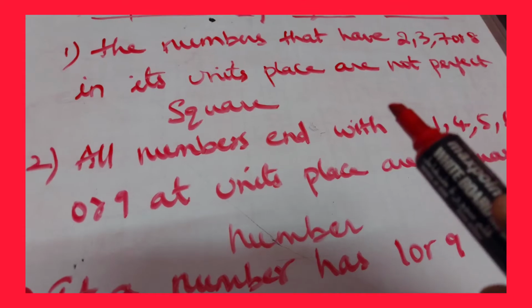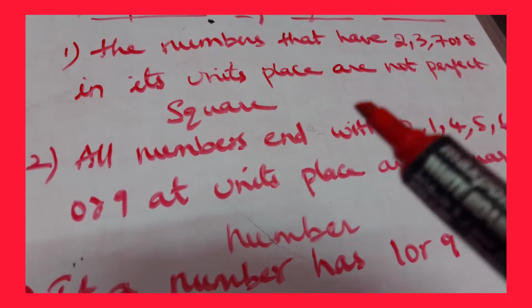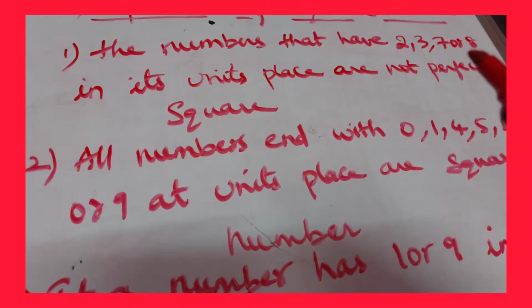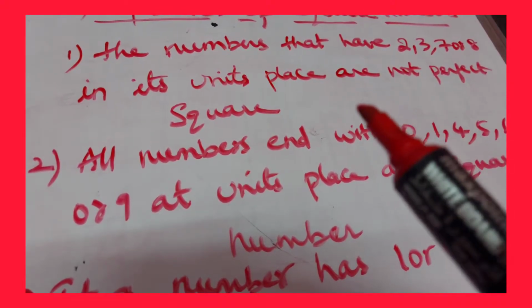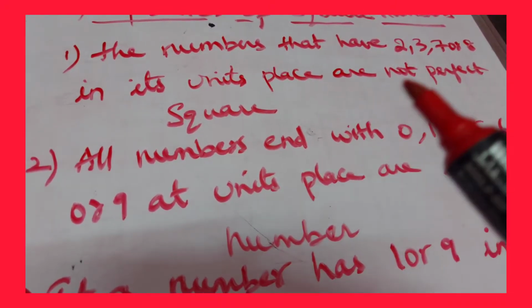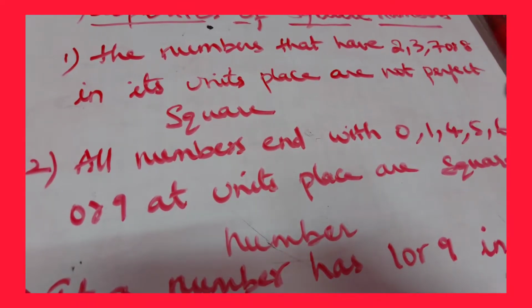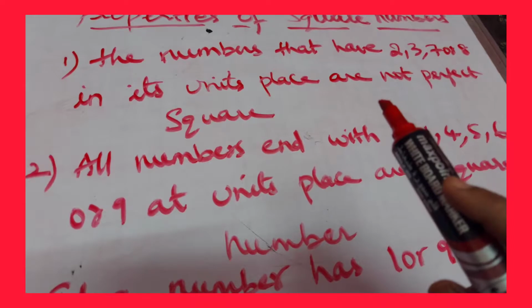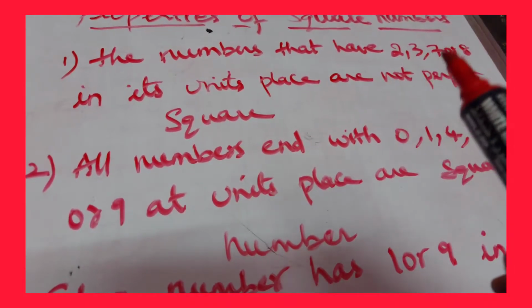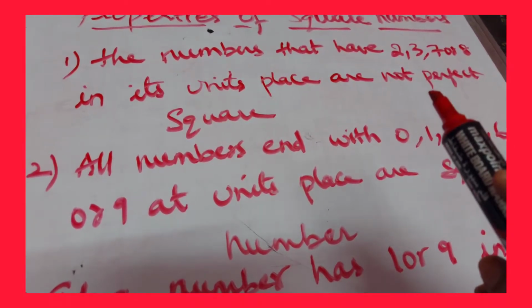If I take 28, you can write 28 as 4 7s are 28. There are two different numbers, 4 and 7, so it is not a perfect square. Then 27, 3 9s are 27, again it is not a perfect square.